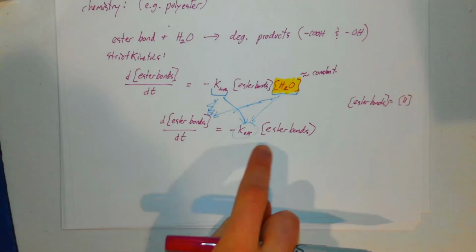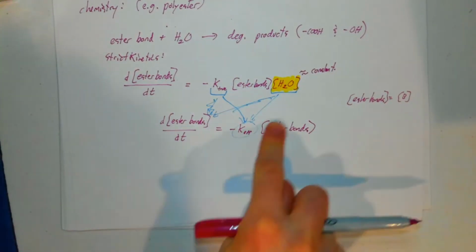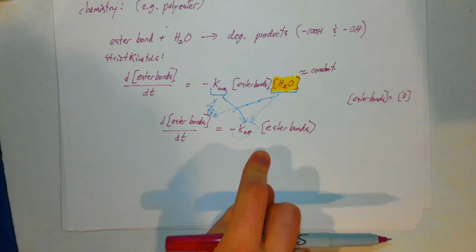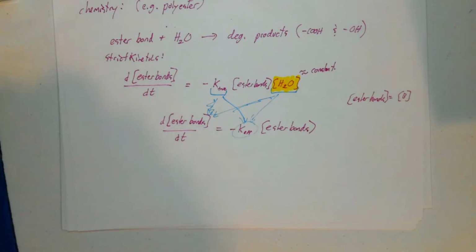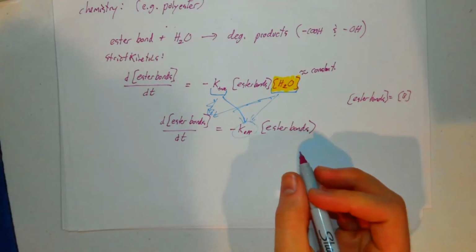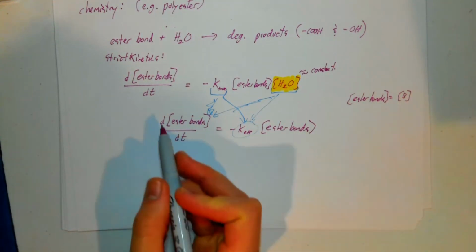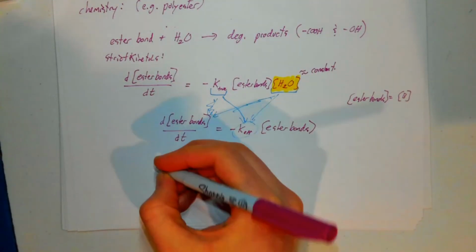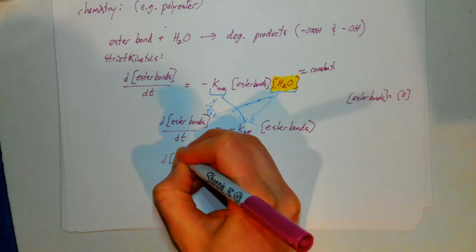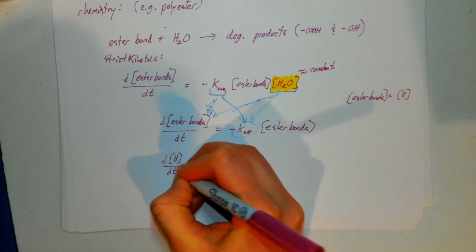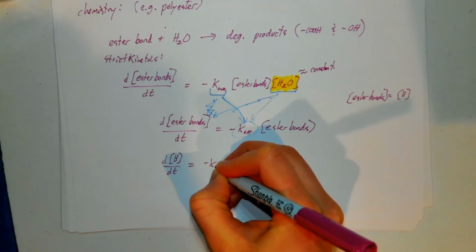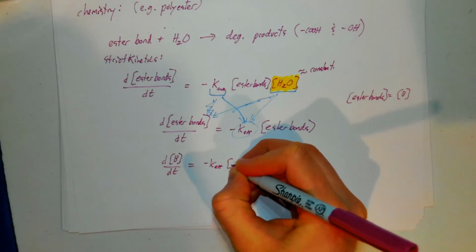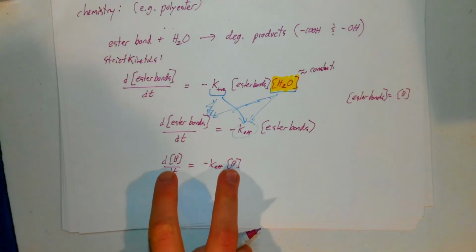So within the whole system, I can say this essentially applies to my whole system. Using this abbreviation and this idea, I can say the rate of change of the concentration of bonds is equal to minus K effective times the concentration of bonds. And what do we have here?